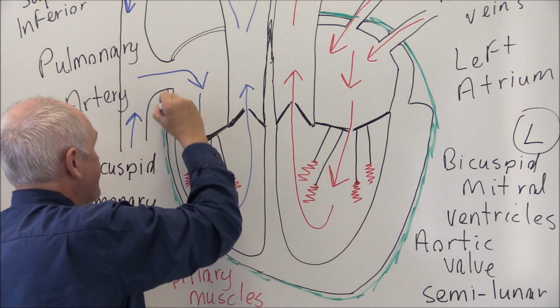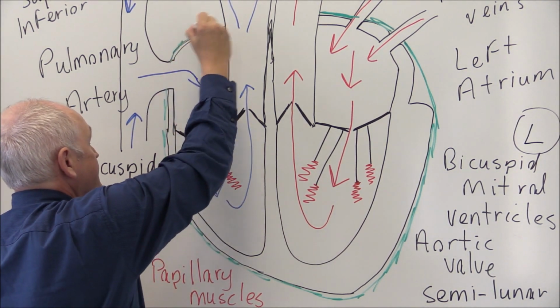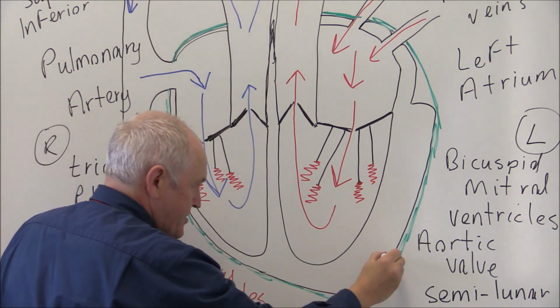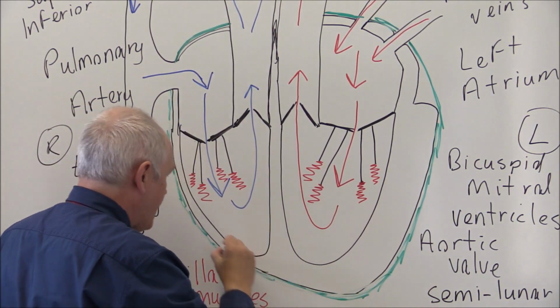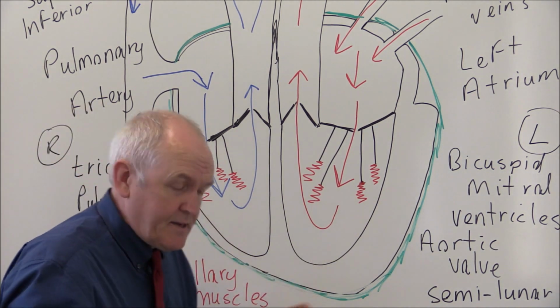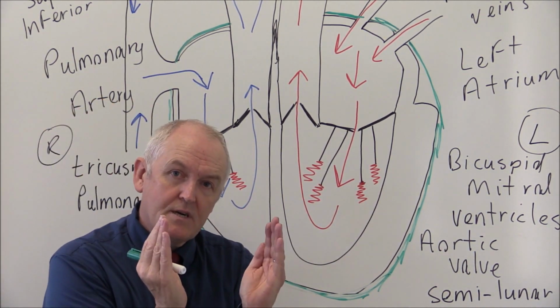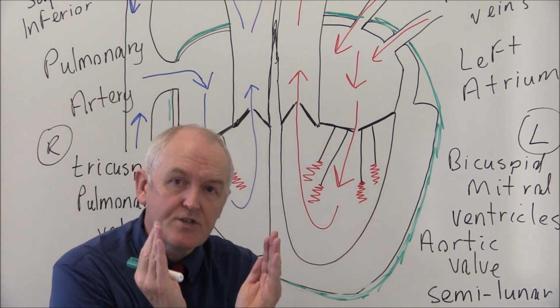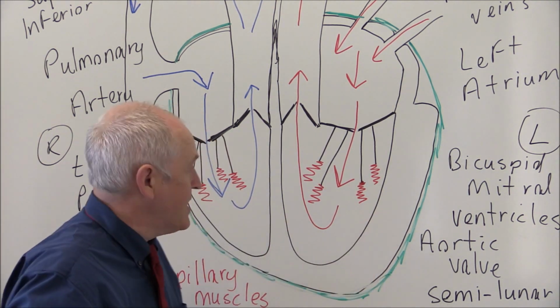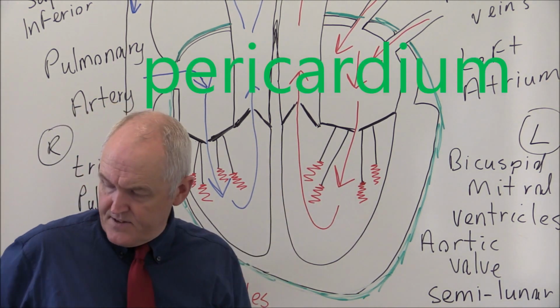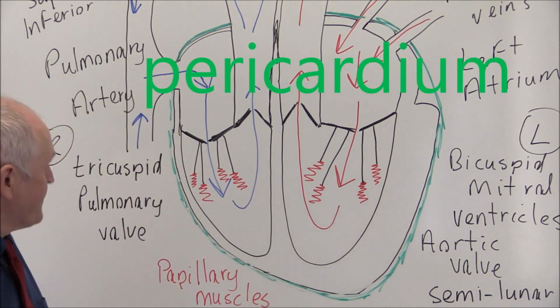It's made of tough, fibrous tissue. And it also stops the heart from overexpanding. So the heart can expand so much when blood returns to it, but not overexpand, which would damage the heart. And this fibrous sac facilitates that protection.